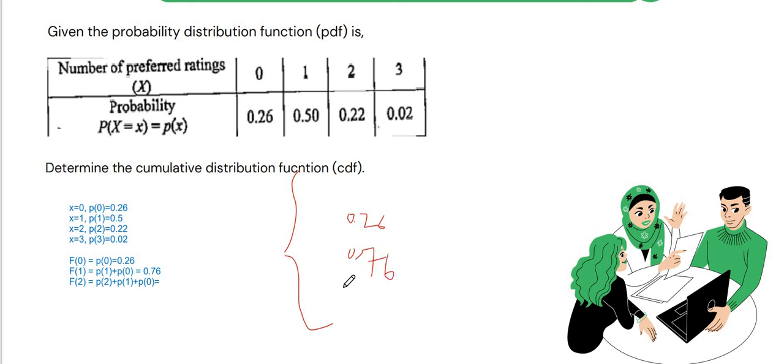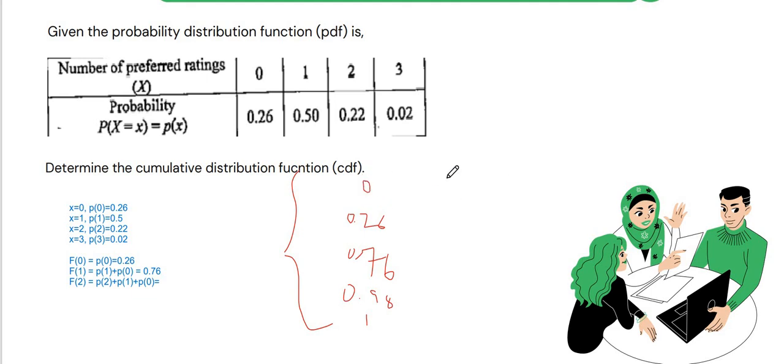And then the third one will be 0.98. And then the last one will be 1. You must start with 0, even though you didn't calculate it, we will start with 0.